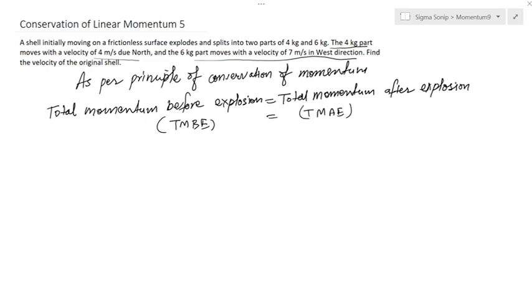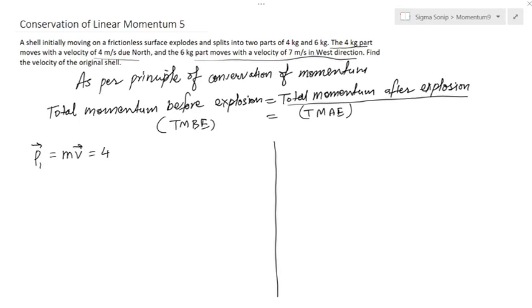Right, so all we need to do is find the total momentum after explosion. Total momentum after explosion consists of two pieces. Let me say that piece 1 has a momentum P1, and we already know that momentum is m times v.